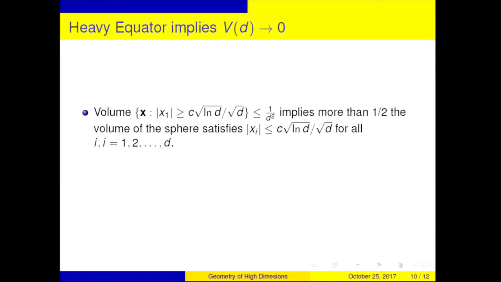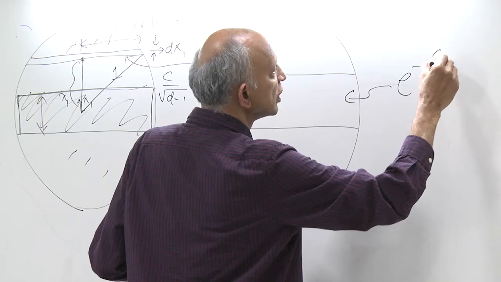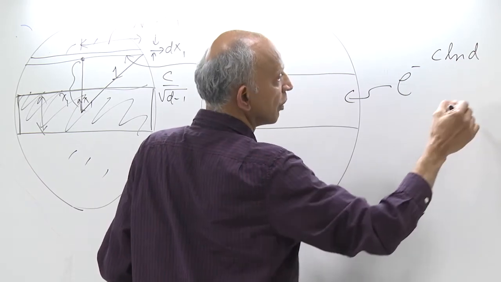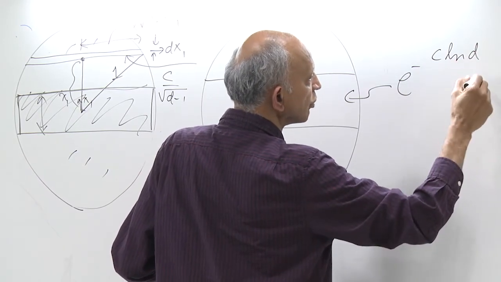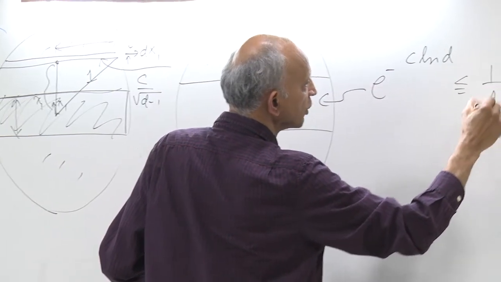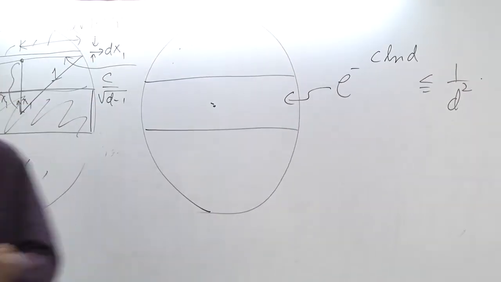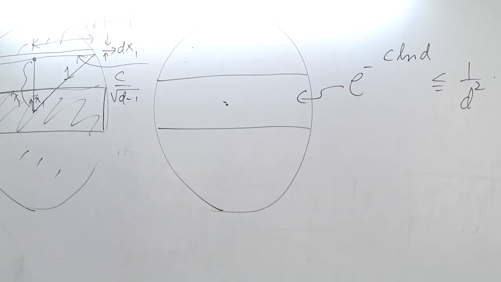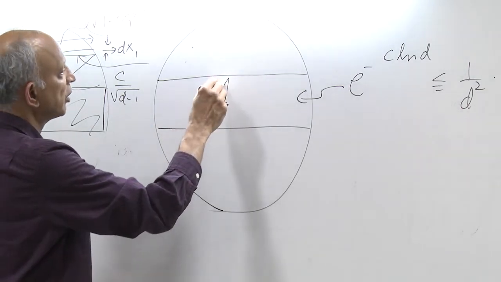So I put the root log d so that I get e to the minus c log d, because I squared it, times the volume of the sphere, which with large enough c is less than 1 over d squared. c is at least 2, let's say. That's for the x1 axis.